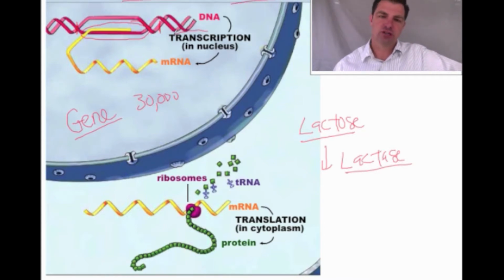The first part we'll do is called transcription, and in the case of a eukaryotic cell, that's going to take place inside the nucleus. So in a cell like yours, this process, transcription, takes place in the nucleus. So this is the nucleus here, this is the cytoplasm down here, and this whole big thing would be one cell.